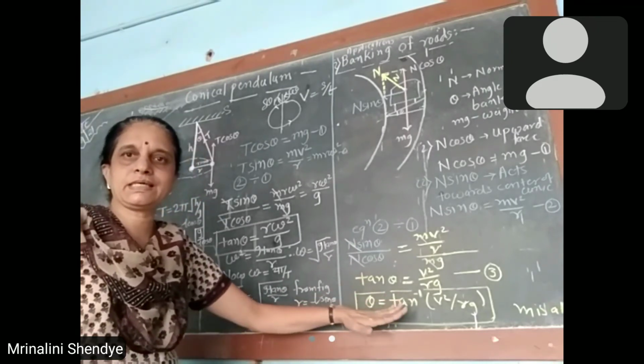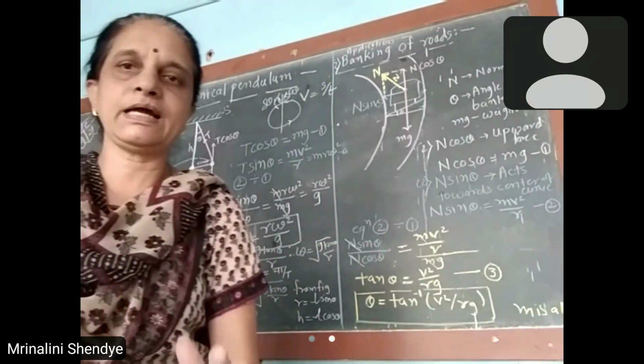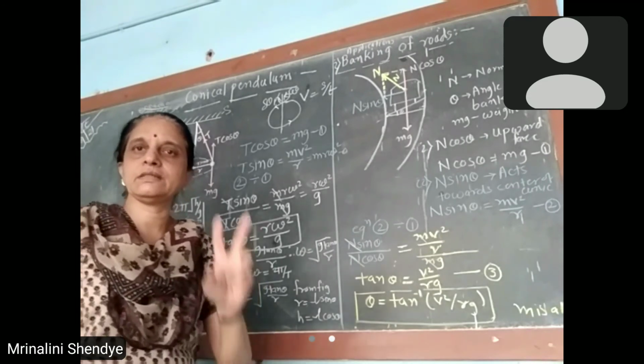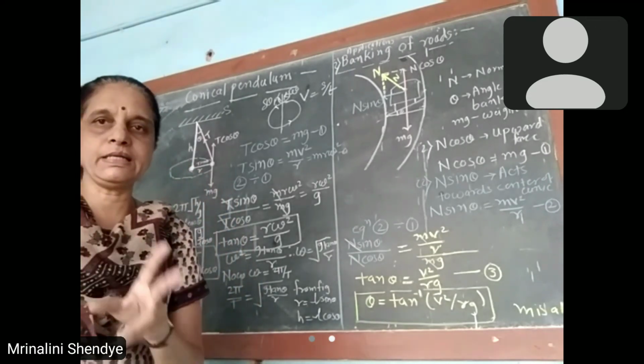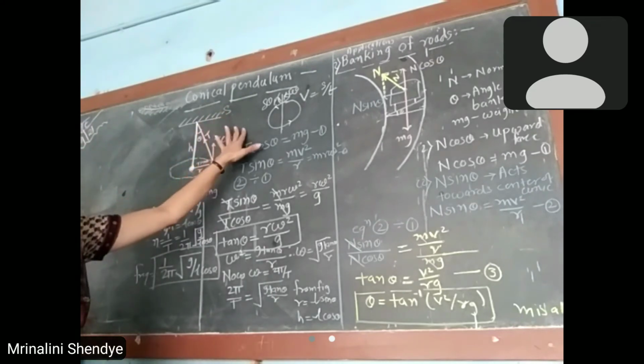In this case, we have seen that the angle required for safe driving can be calculated by this equation. These two equations are very important from the first lesson, circular motion.